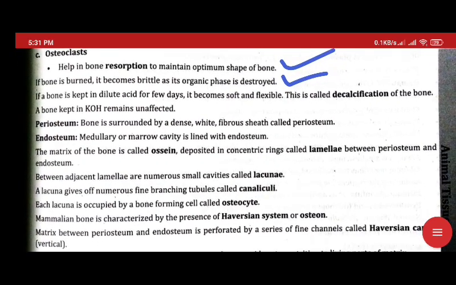If kept in dilute acid, that is called decalcification, meaning calcium is removed from the bone. Now in a bone, the outer cover or sheath is called the periosteum, the inner sheath is called the endosteum, and inside we have bone marrow.